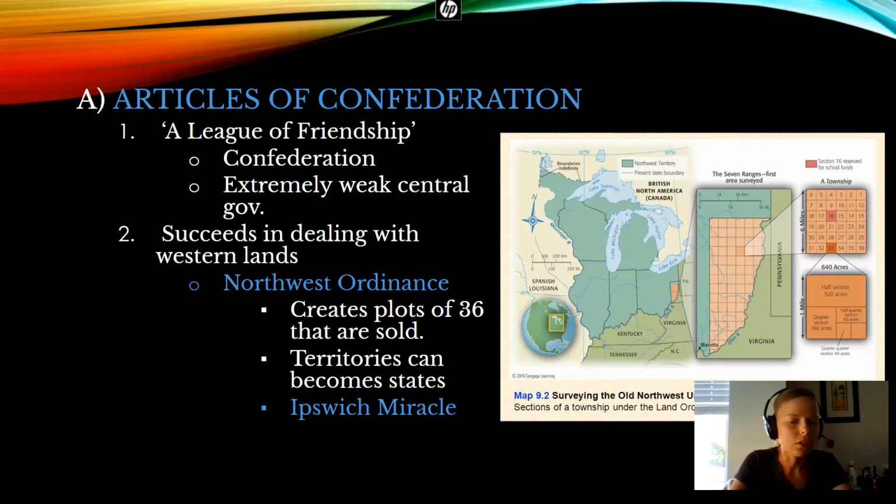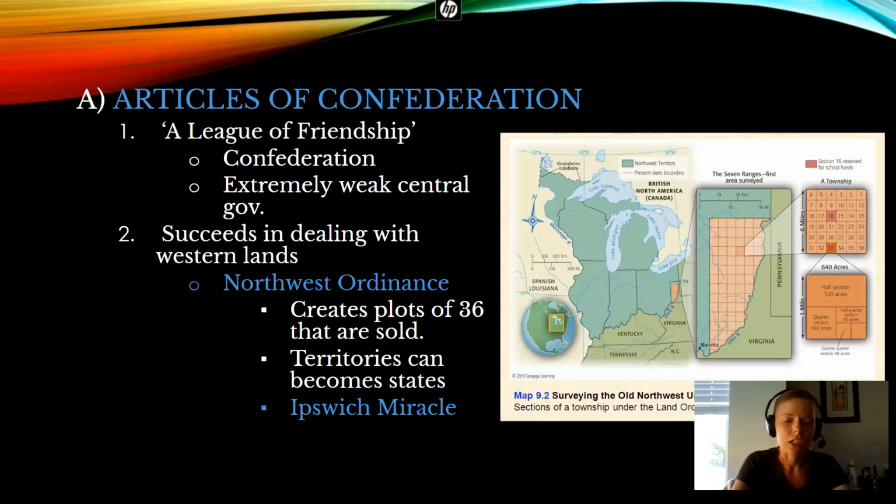And so they were very cognizant. They were very aware of avoiding having that strong central authority. So they made the Articles of Confederation an extremely weak, I'll repeat that, an extremely weak central governing authority.